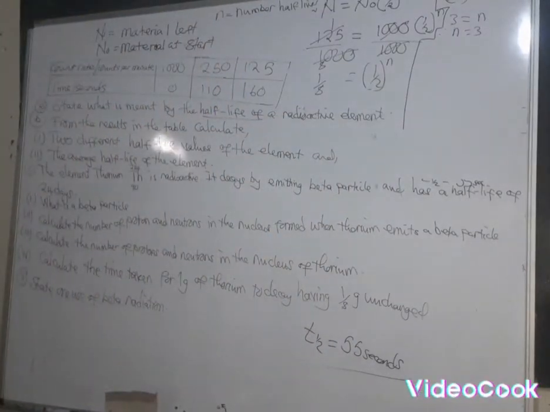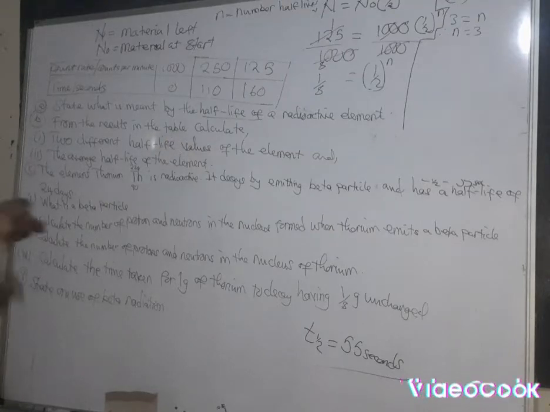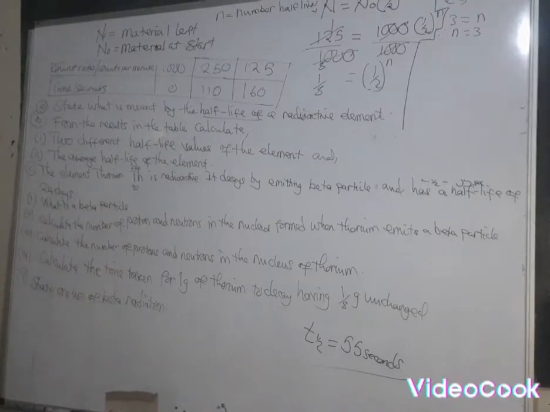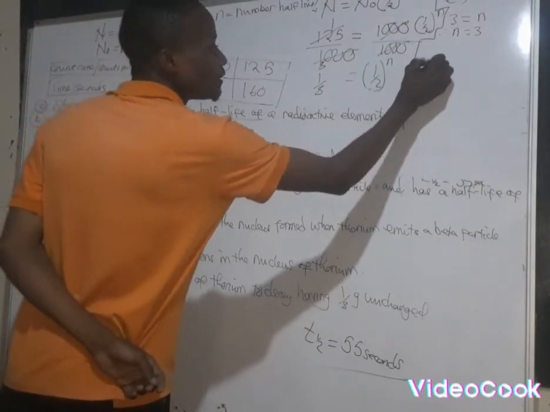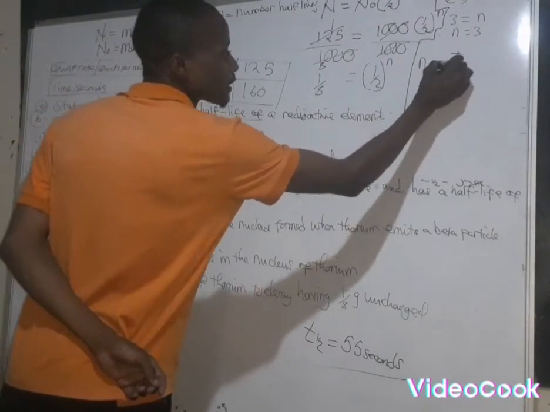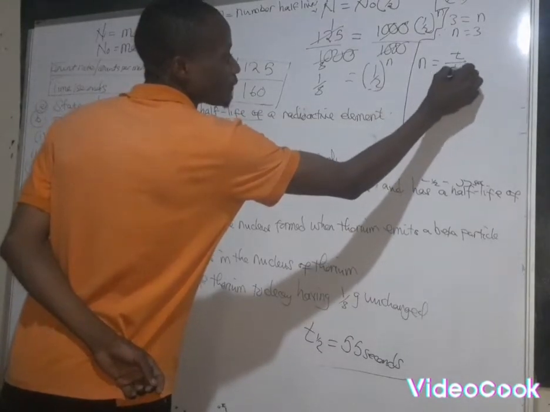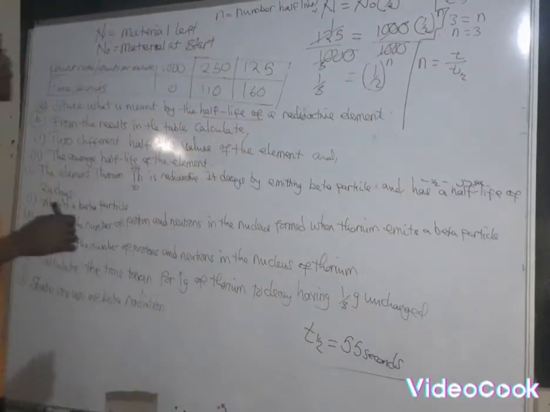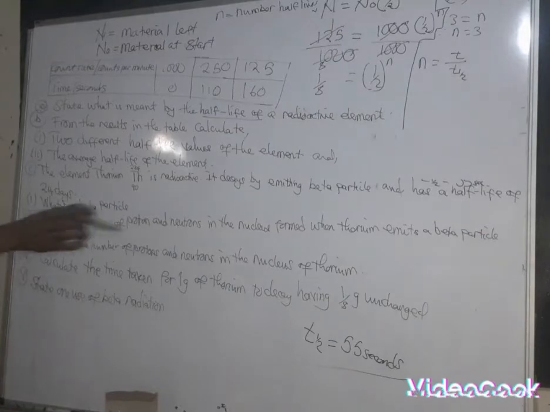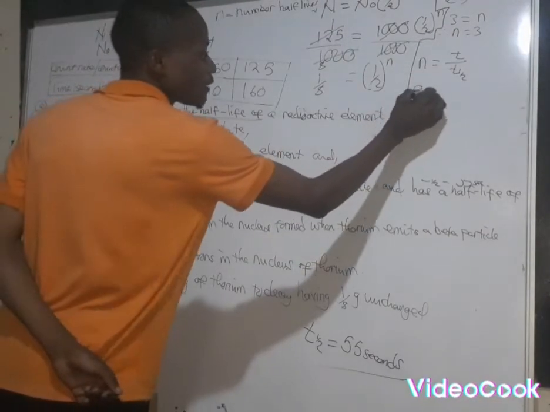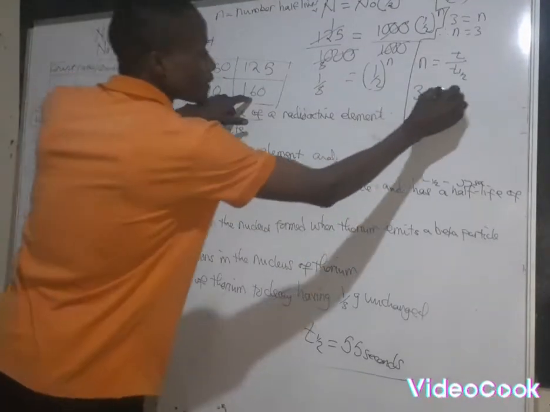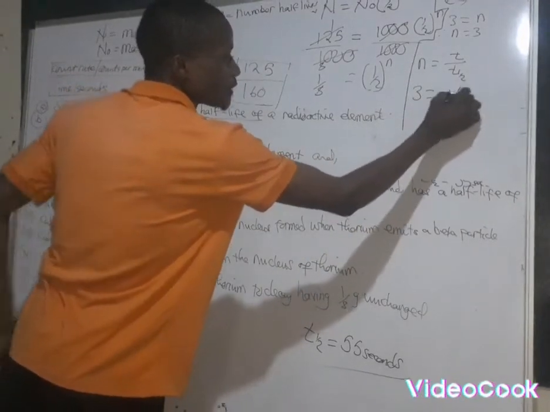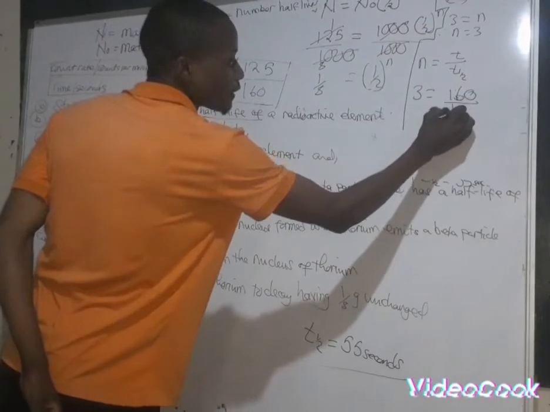Now that we have the number of half-lives which has passed, we can calculate the second half-life. n is equal to the time taken over the half-life. We have found n to be 3, which is equal to, what is the time taken? 160. So we have 160 over the half-life.